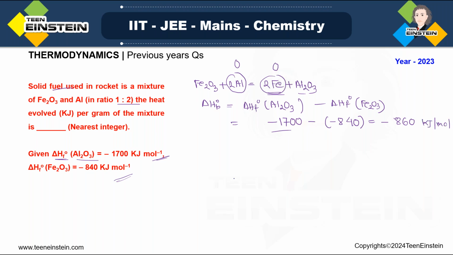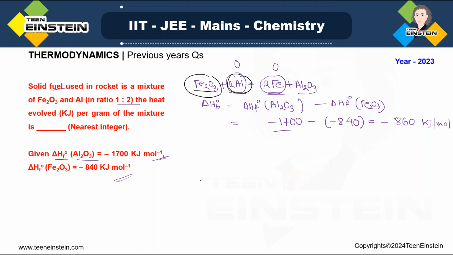Now we know the del H R naught value for this equation, but we need the heat evolved per gram. The amount is not given, but what we can do is find the molar mass of Fe2O3 and Al, because these two are the starting material, and we need the heat evolved per gram of the mixture.